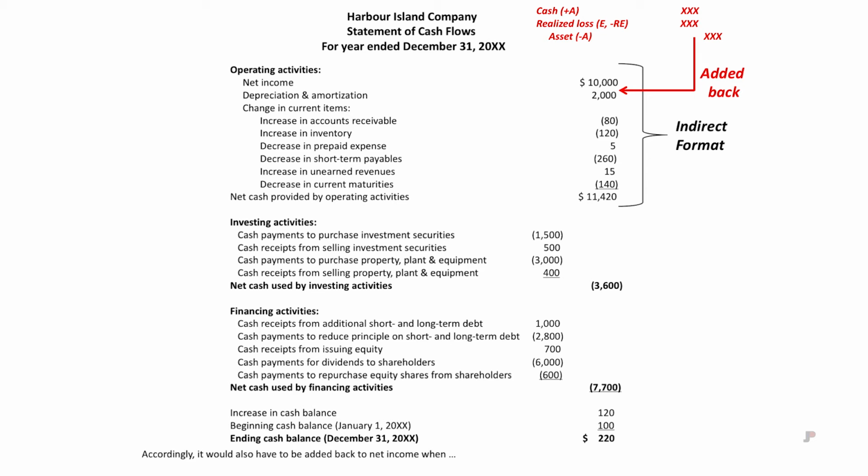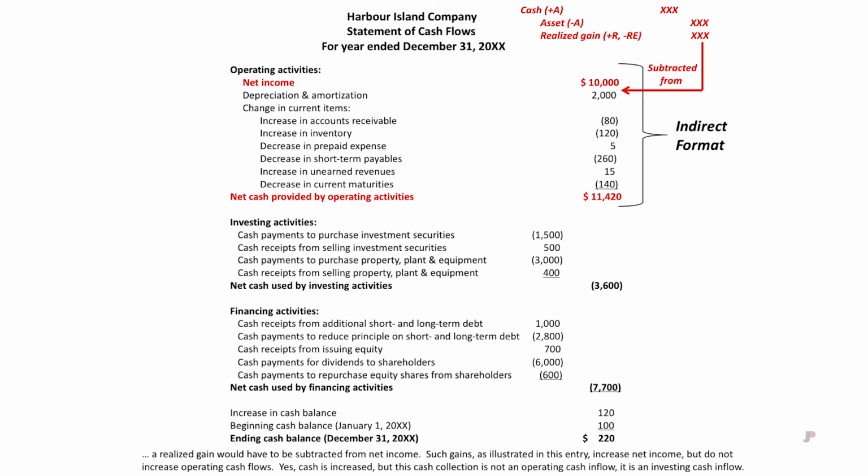Accordingly, it would also have to be added back to net income when adjusting net income to equal net cash provided by operating activities. Similarly, but working in an opposite way, a realized gain would have to be subtracted from net income. Such gains, as illustrated in this entry, increase net income, but do not increase operating cash flows.